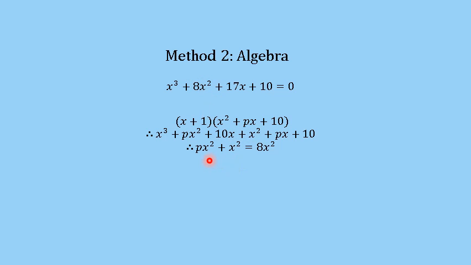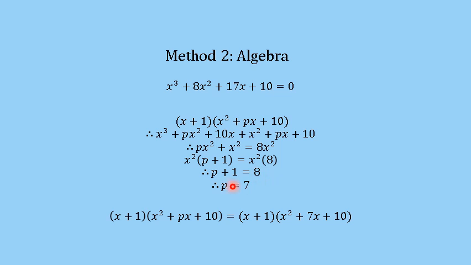So this is how we do it. It's px squared plus x squared equals 8x squared. Now we take out the common factor, which is x squared. Therefore, we are going to have p plus 1 equals 8, and then solving for p gives us p equals 7.